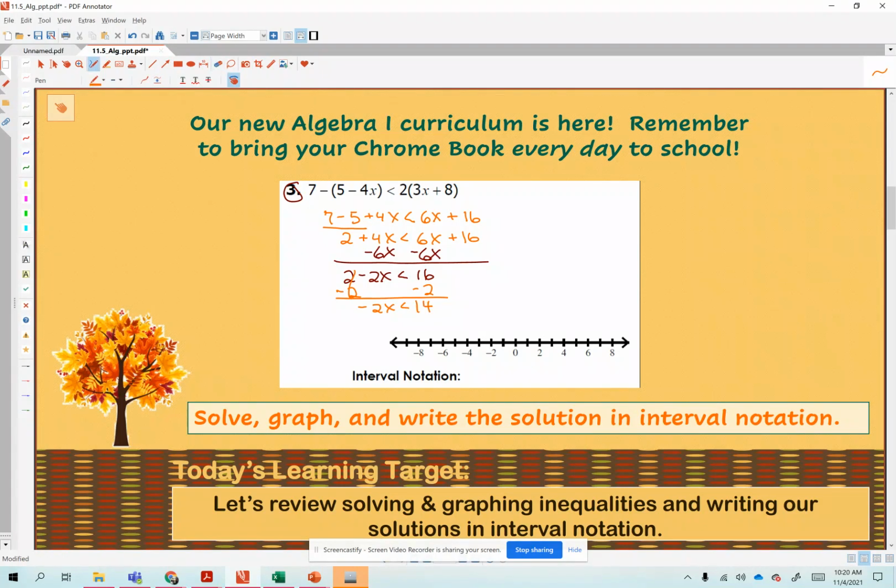Okay, now we're dividing by negative 2, so we need to flip the inequality, which means x is greater than -7. So let's find our -7.